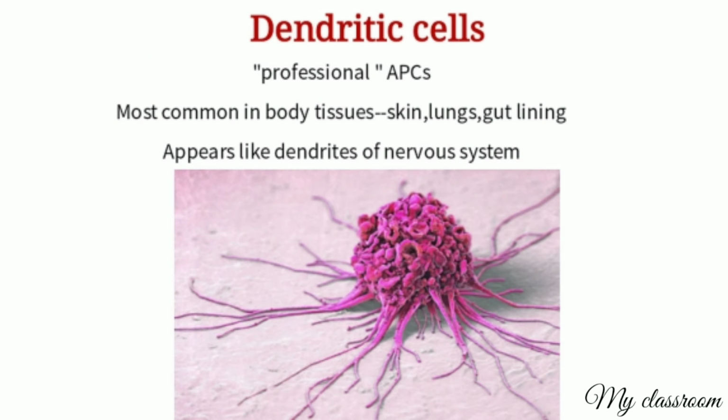Dendritic cells are the professional antigen presenting cells. They are most common in body tissues like skin, lungs and gut lining. They appear like the dendrites of the nervous system. That's why they are called dendritic cells.